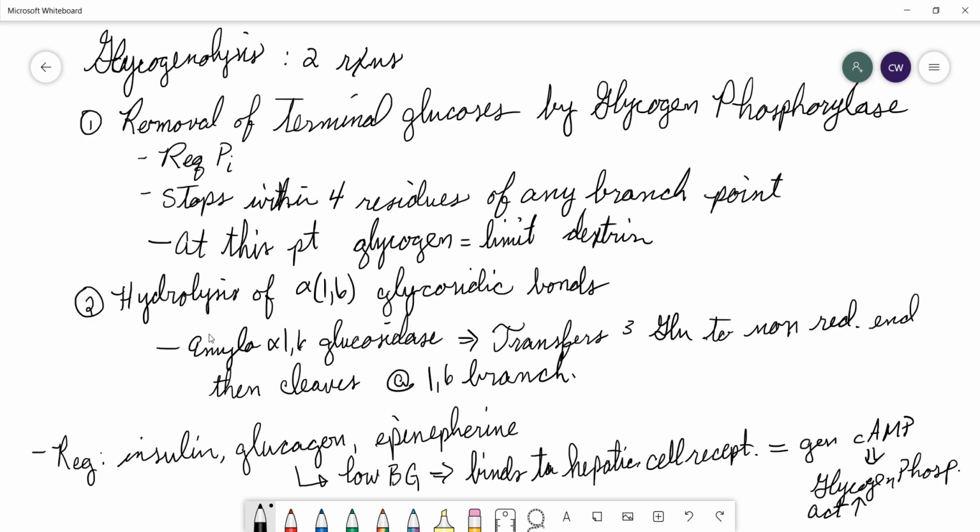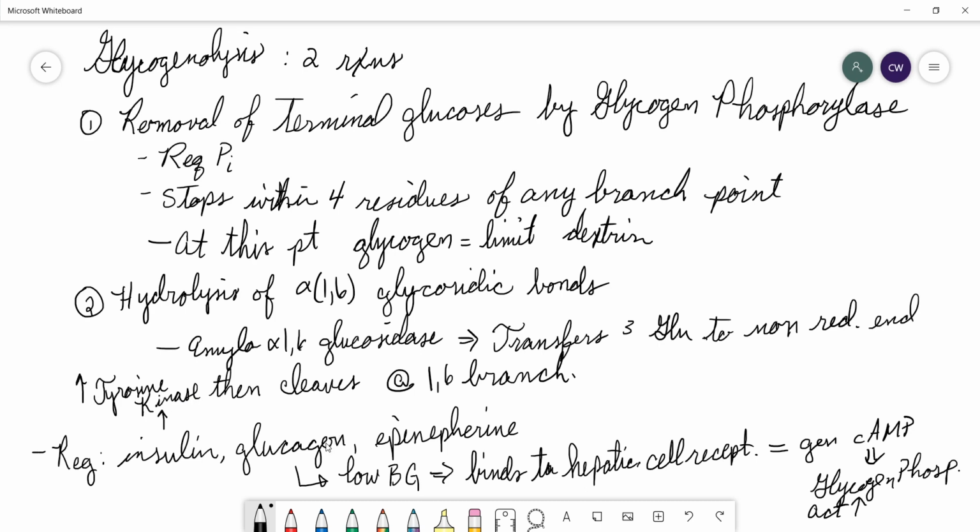All right. Insulin receptors do essentially the exact opposite. Okay. It activates tyrosine kinase. All right.